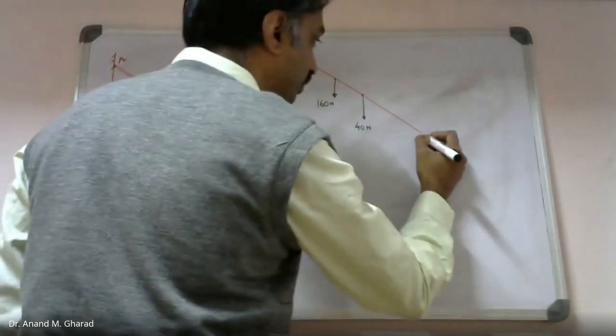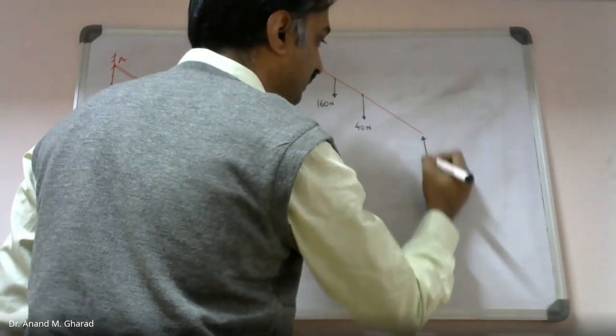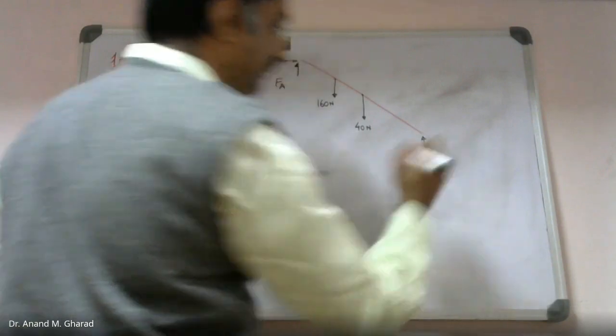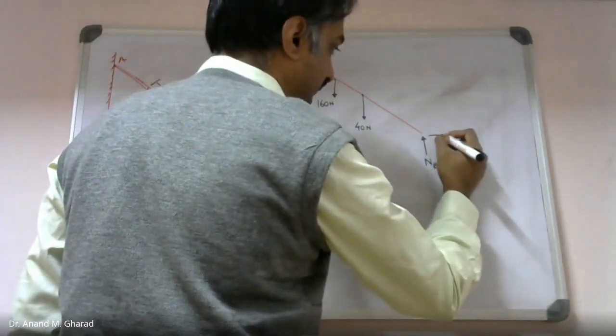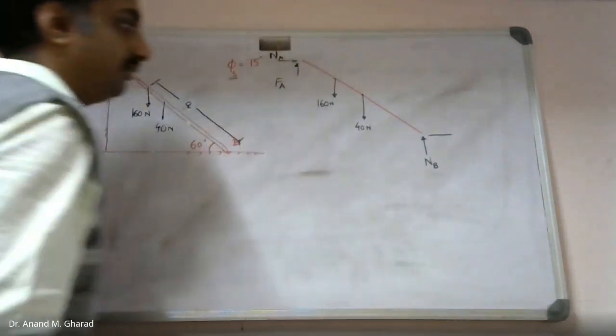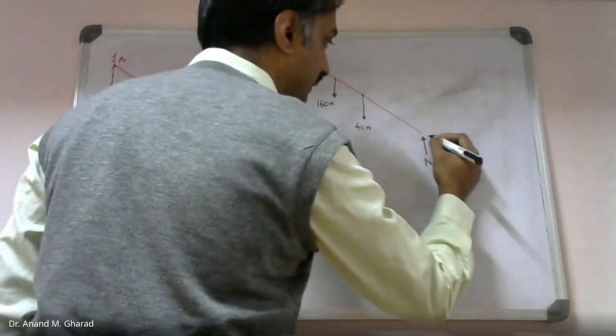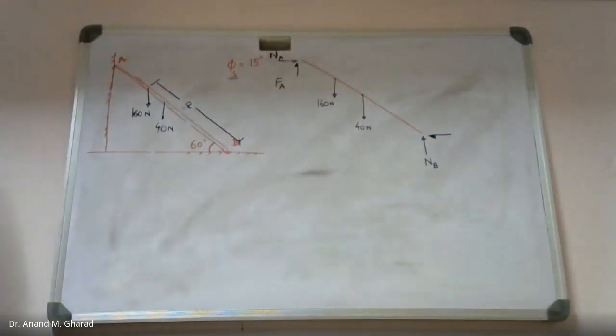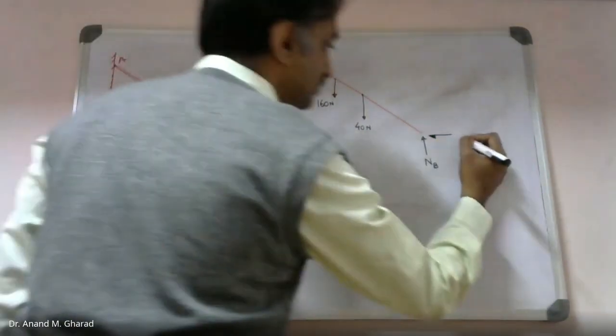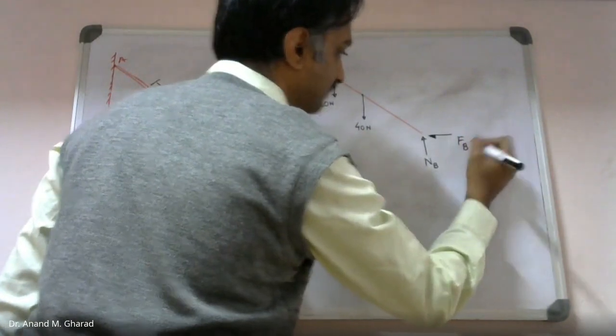Next, over here at point B, similarly, you will find normal reaction at B and frictional resistance. I will draw it like this. Is this okay? Yes, sir. Okay. So let me call this F suffix B.